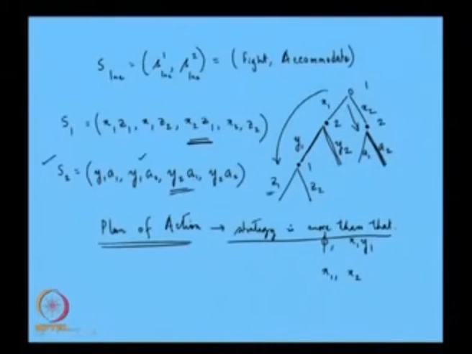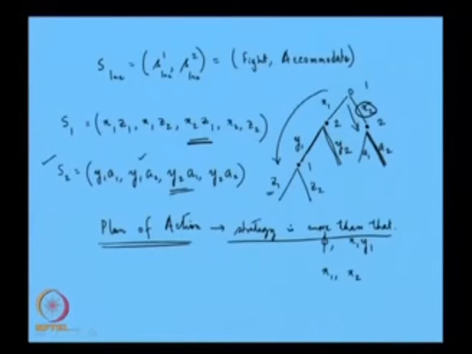So, one way to rationalize or justify this kind of writing down of strategies could be the following: player 1 is saying that I am going to take the action x2, and still he is saying what he is going to do after x1 and y1 happens, because he may make mistakes, there might be errors in his carrying out of the action.